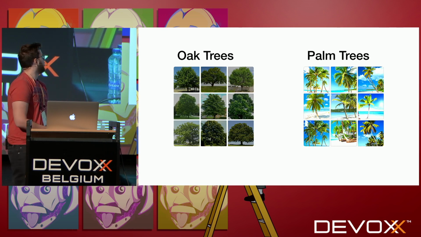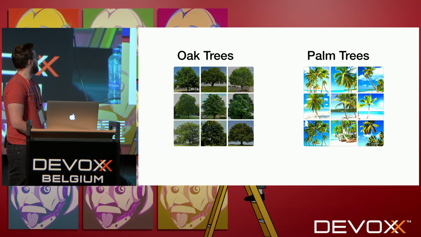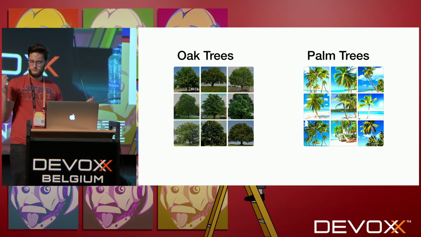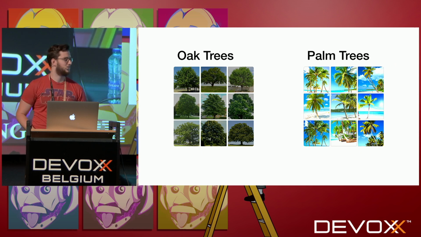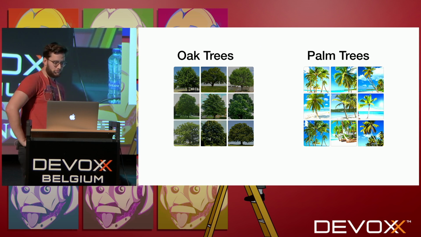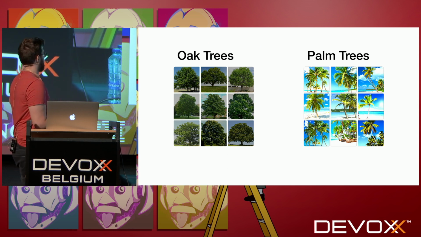And then here we have another example. On the left we have palm trees, and on the right we have oak trees. Or I guess for you guys, left oak, right palm.